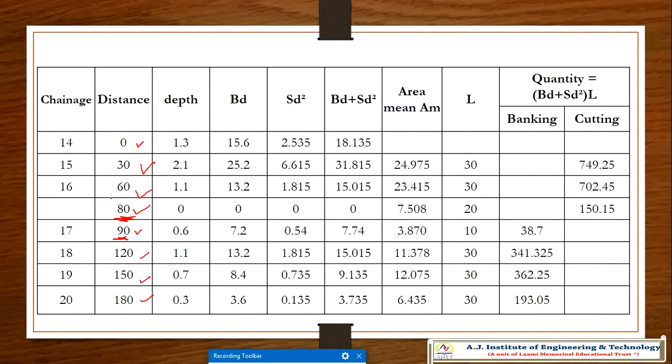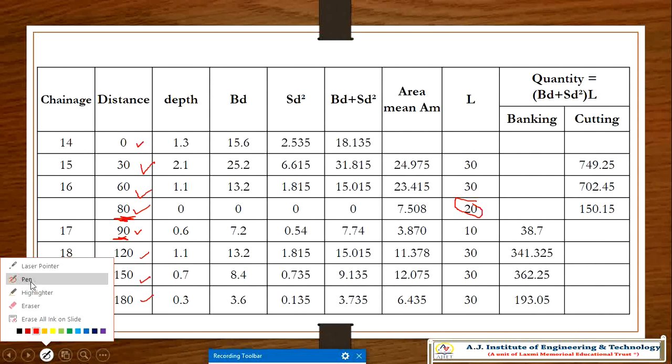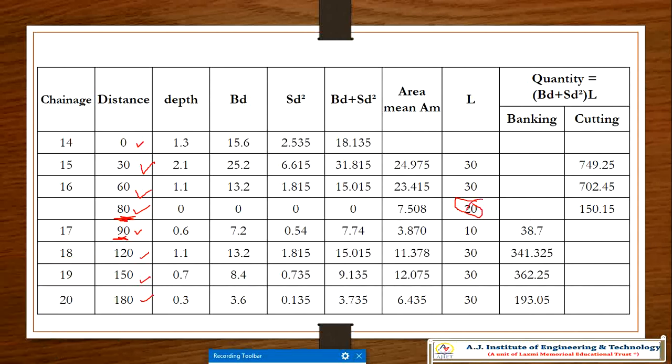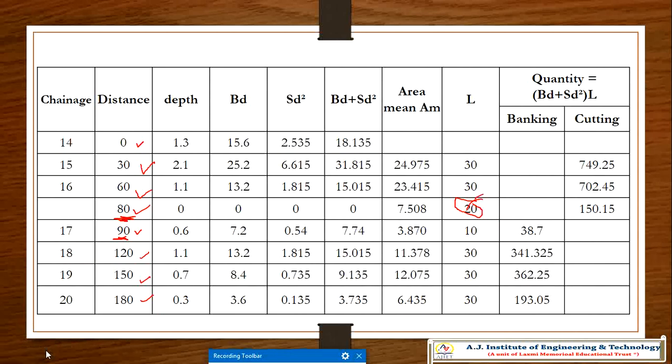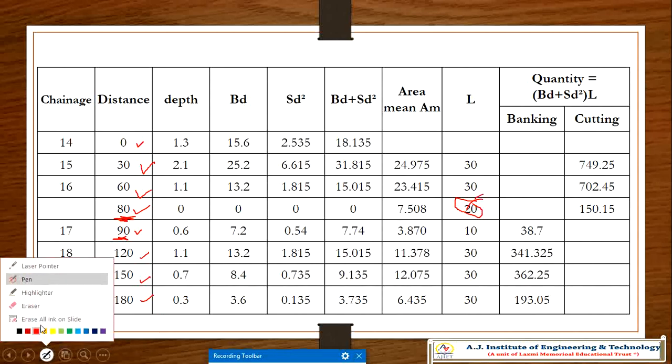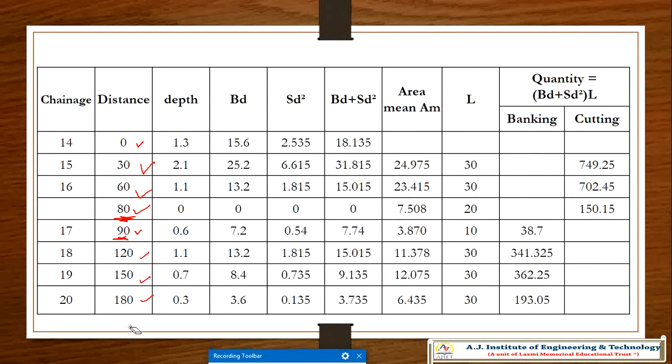The 20 will go for cutting, as well as 10 will go for banking. That is the little modification; there is nothing much more in that. So 20 and 30 will go to banking.